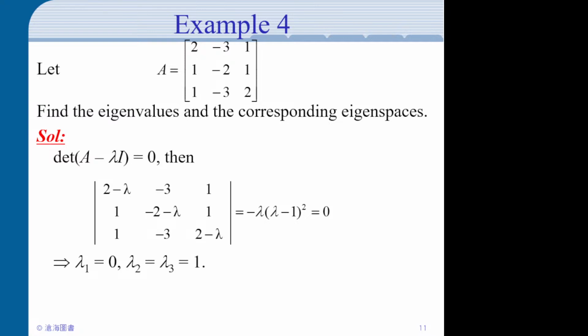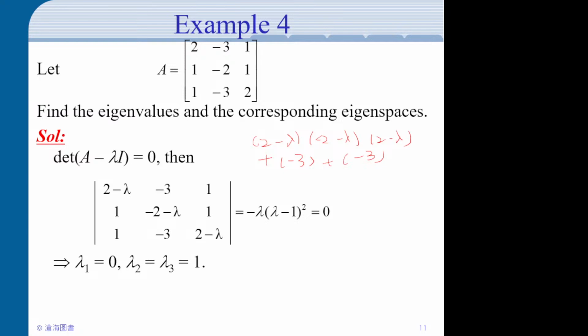So the calculation will be, let's see if I can do this correctly. It will be (2 minus lambda) times (minus 2 minus lambda) times (2 minus lambda), so this term, plus minus 3 and plus minus 3.